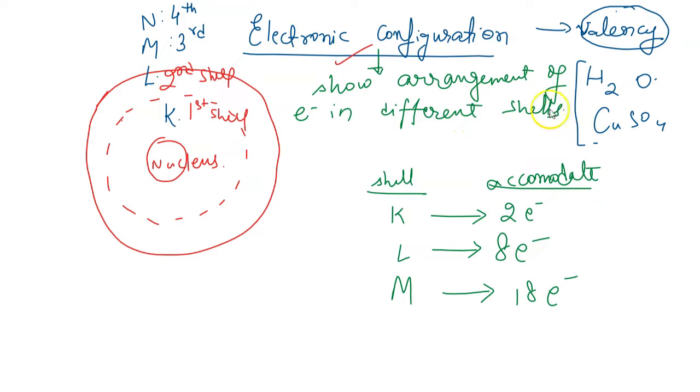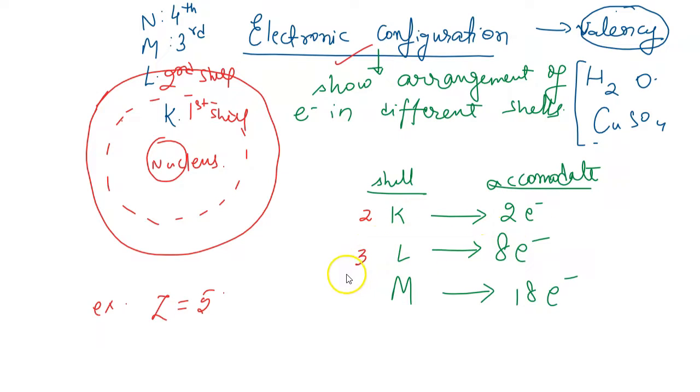So let us say there is a random atom, and that atom has atomic number 5, and I want to write the electronic configuration. How will I write? First, K shell can accommodate only 2 electrons. So 2 is present in K shell. L shell can accommodate up to 8 electrons.